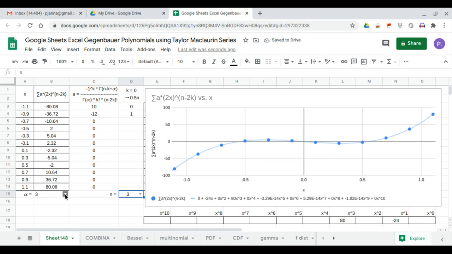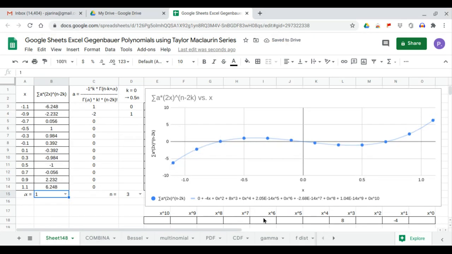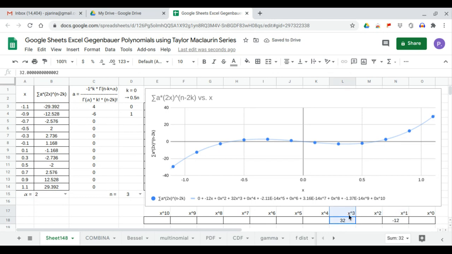So we begin at n equals 3, our alpha is 1, then the polynomial will be minus 4x plus 8x cubed. At alpha equals 2, it will be minus 12 plus 32x cubed.